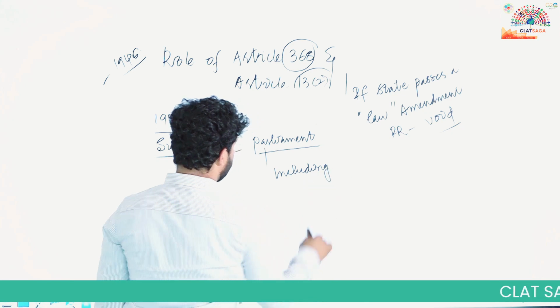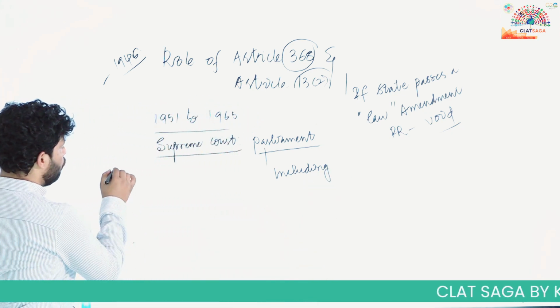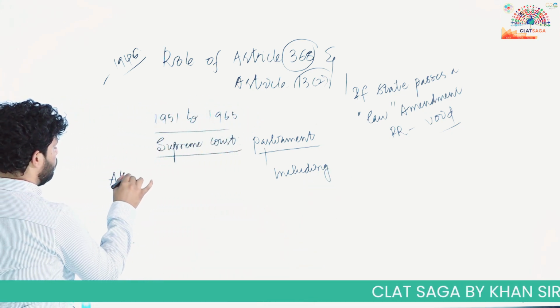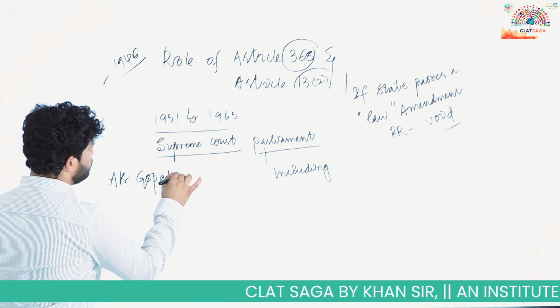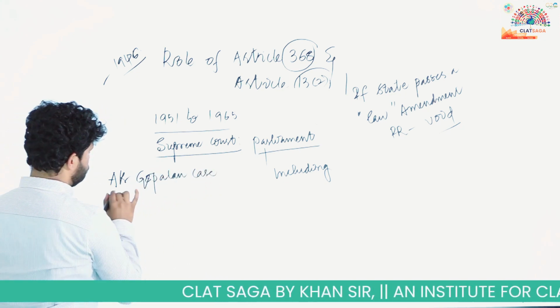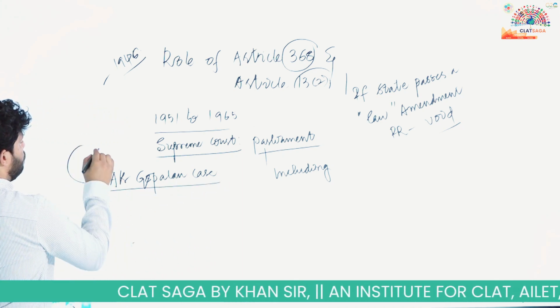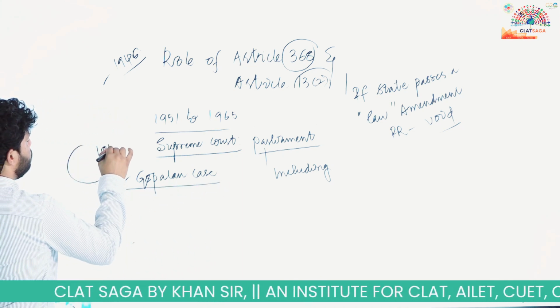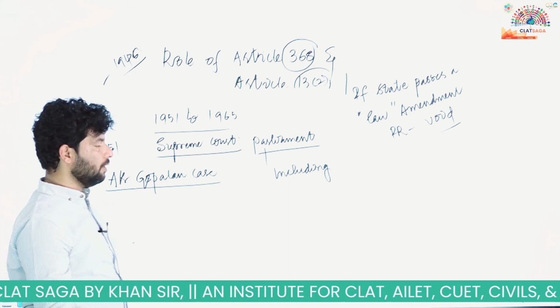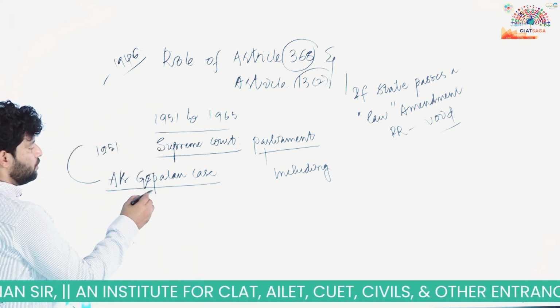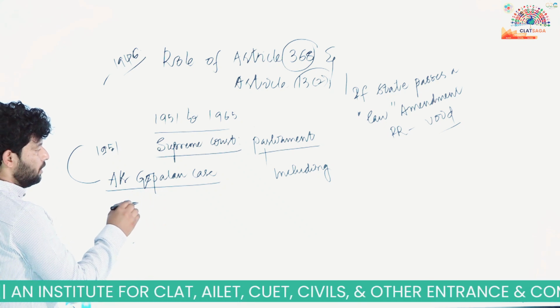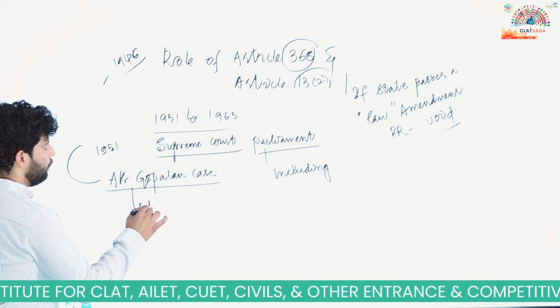In its judgment, right from the A.K. Gopalan case, I think everybody knows the A.K. Gopalan case, which was held by the Supreme Court of India in the year 1951. He was a leader of the Kerala Communist Party and he was imprisoned under Article 21.